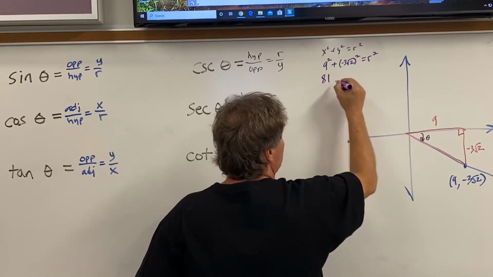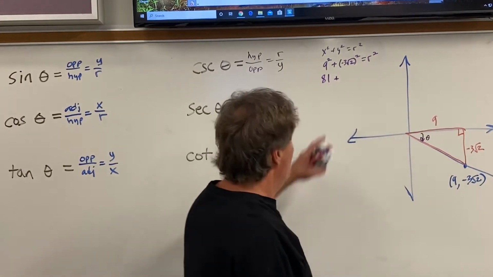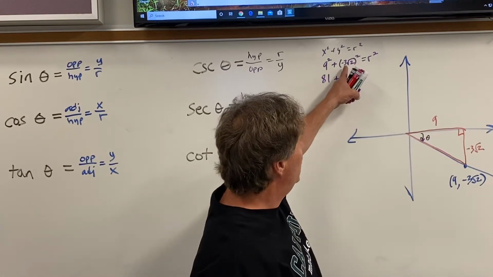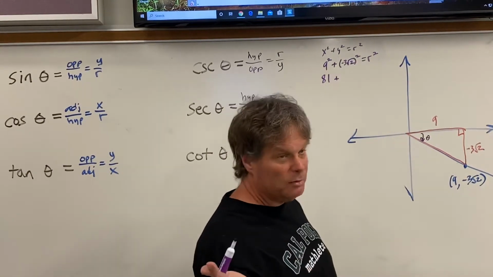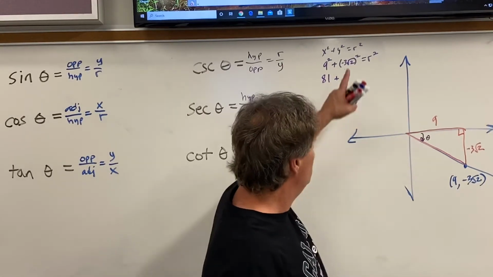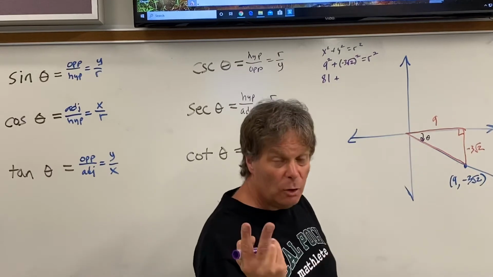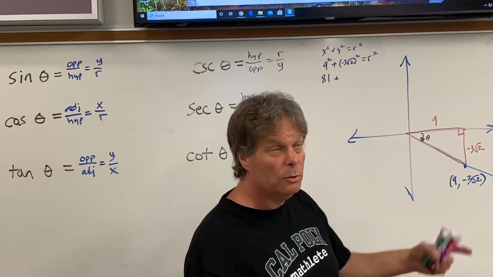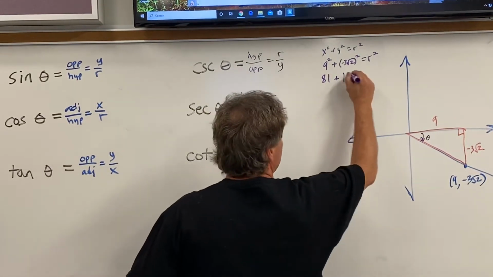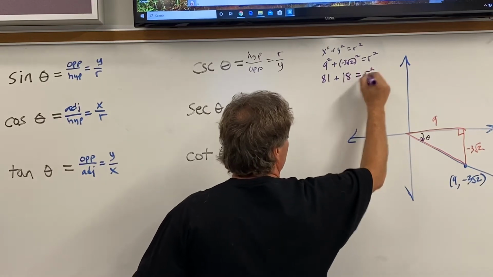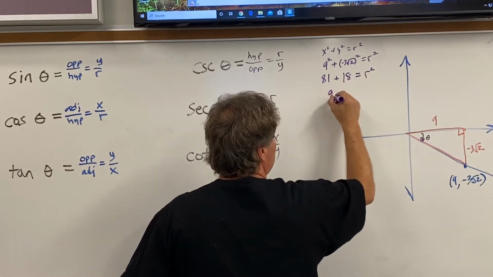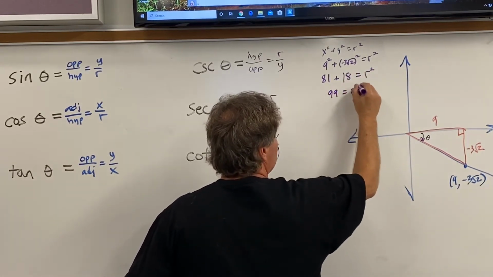That's 81 plus, okay, how do I square 3 root 2? Watch. Negative squared is positive, so we don't have to worry about that. 3 squared is 9. Square root 2 squared is 2, so 9 times 2 is 18. It's 81 plus 18 is r squared. This is going to be 99 is r squared.